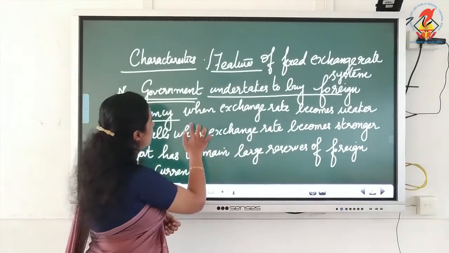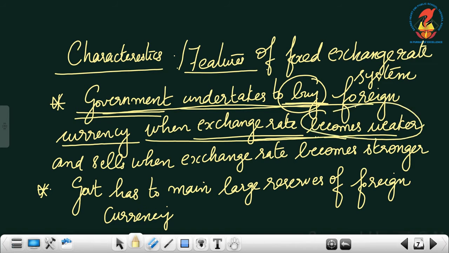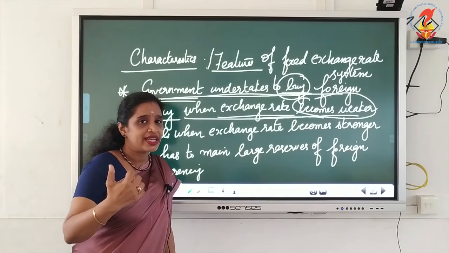So when the exchange rate becomes weaker, the government will buy. So the government undertakes to buy the foreign currency when the exchange rate becomes weaker. That means when the foreign currency is available to us at a cheaper rate.